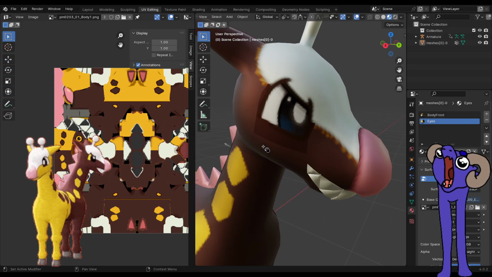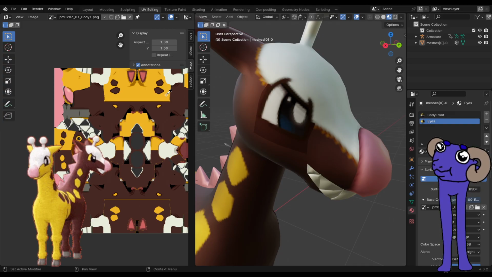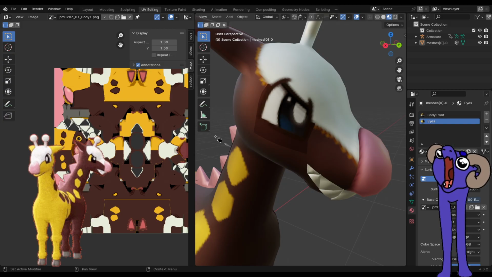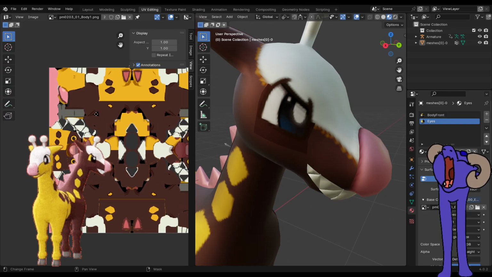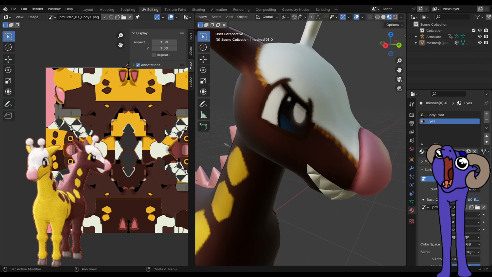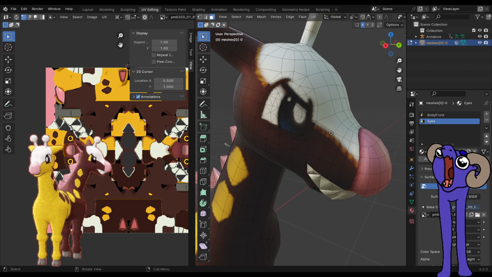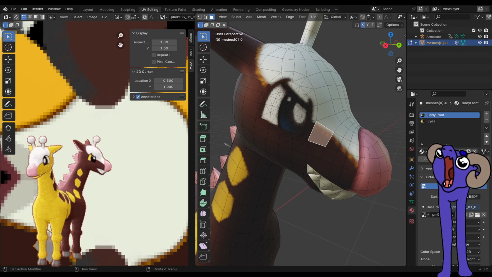Okay, so those are all done, and then we just do the yellow spots again. Oh. And that should now be the right colour. Perfect. And then we just got the edges of these eyes which are being weird. So that's specifically right there.